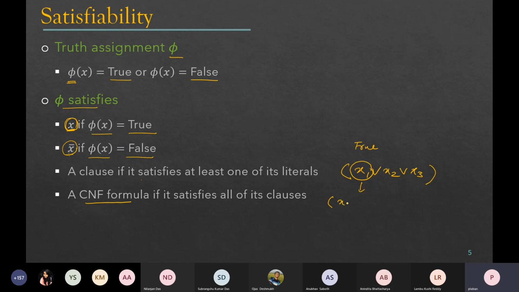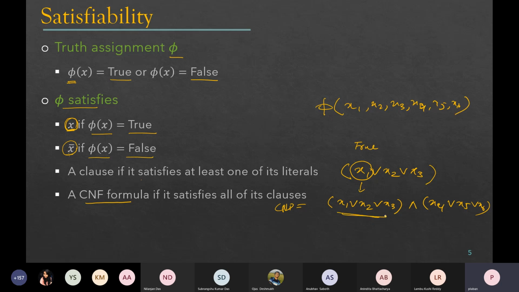So let's say we have a formula with clauses like, say x1, x2, x3, and say x4, x5, x6, right? In order that this CNF is satisfied, we have to have a phi that assigns values to x1, x2, x3, x4, x5, and x6 such that each of these clauses is satisfied, right? Now, how will each of these clauses be satisfied?